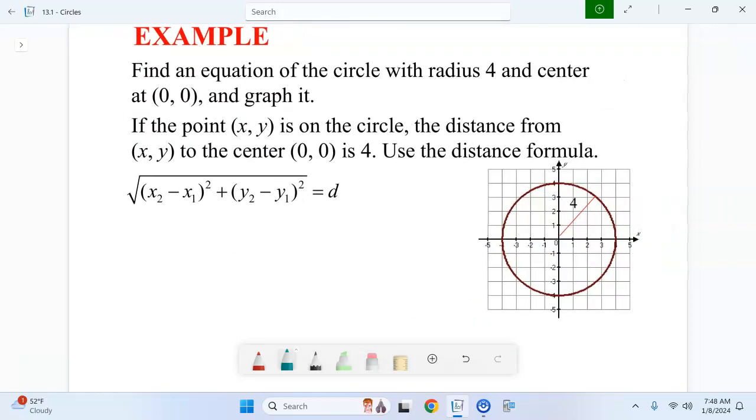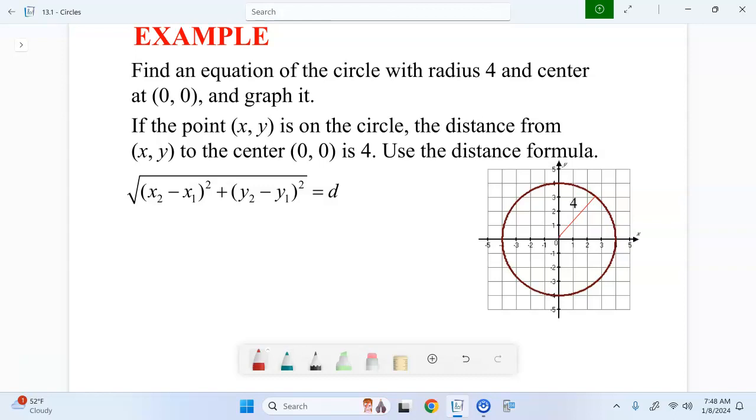It boils down, very informally, to the distance formula. That's how we can find the equation for a circle, using the distance formula, which, if you may have seen before, comes from the Pythagorean theorem. That's all it breaks down to.